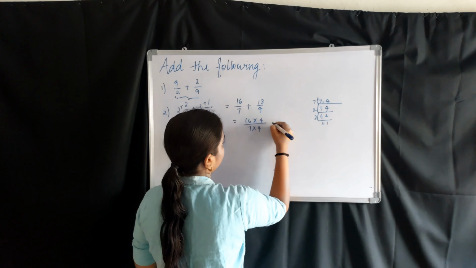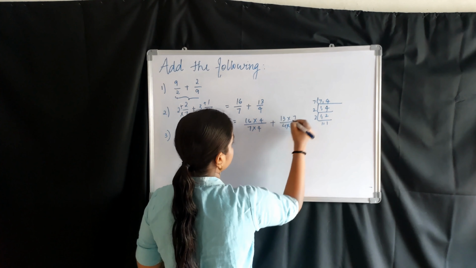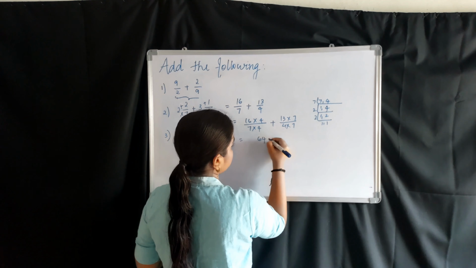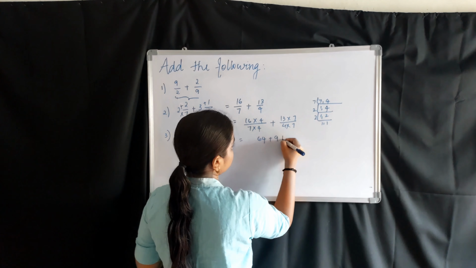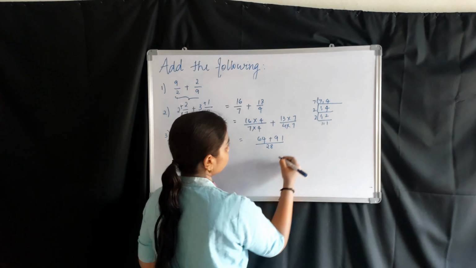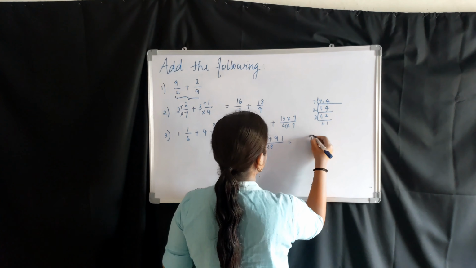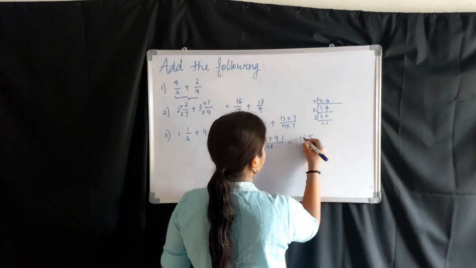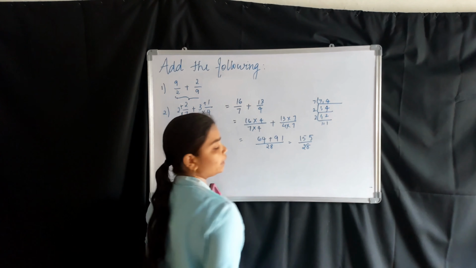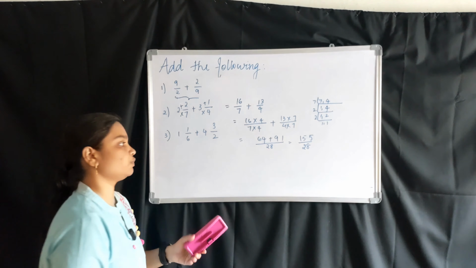So I'll multiply by 4 here and by 7 here. 16 fours are 64 plus 13 sevens are 91, over 28. So the answer is 155 by 28 for this. If you further divide, you'll get the answer again as a mixed fraction.